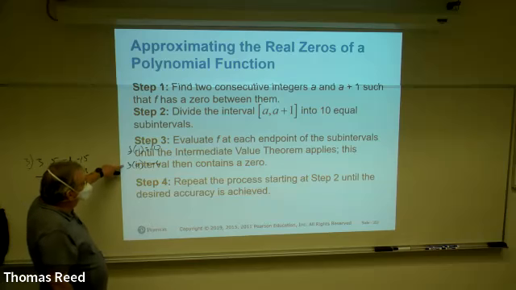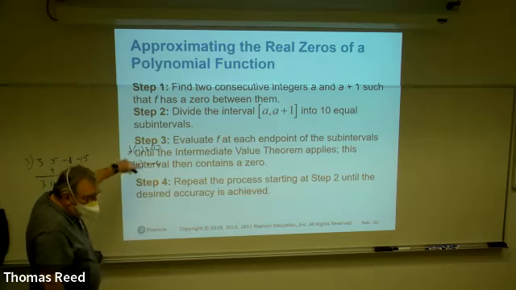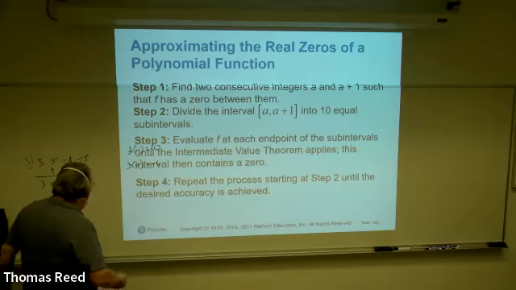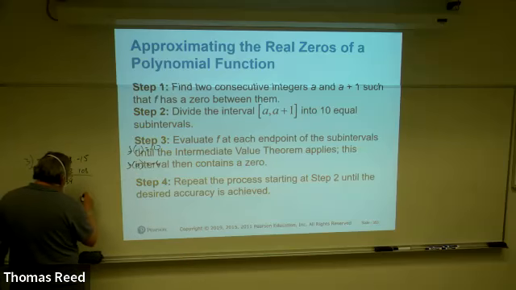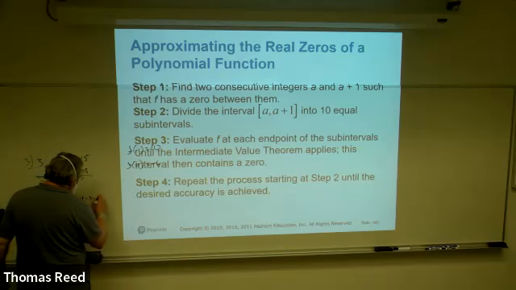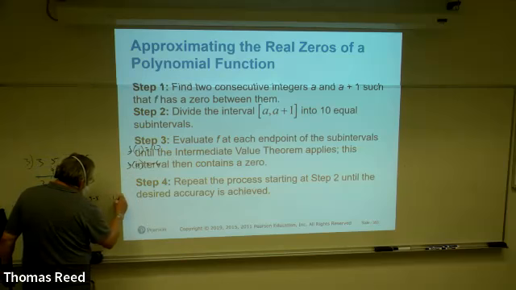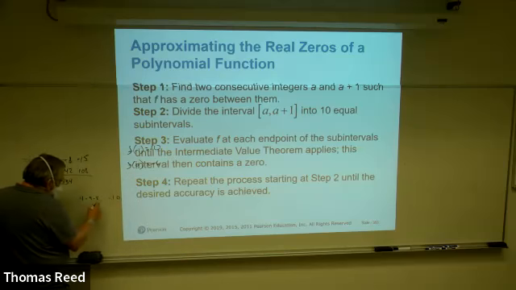Between -1 and 0, there's a 0 there. So I can divide this into 10 parts: -1, -0.9, -0.8, all the way up to -0.1 and 0. And I check each of these.